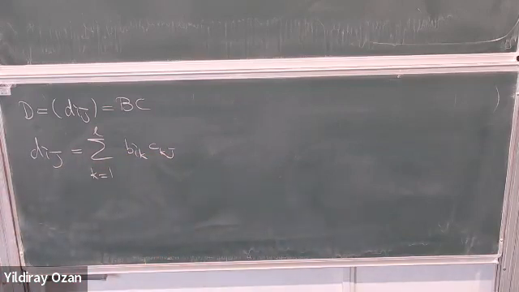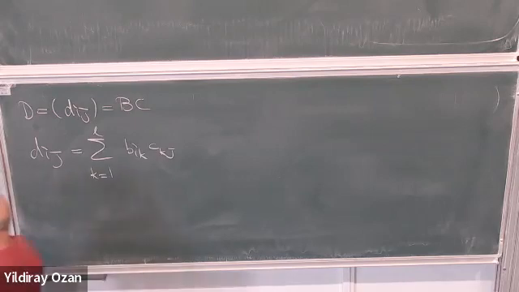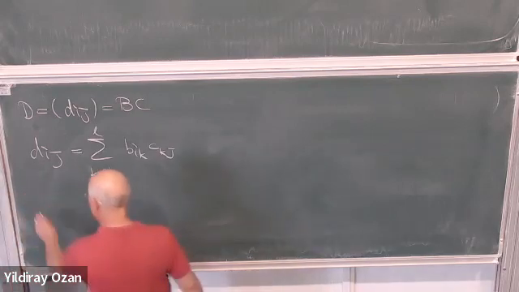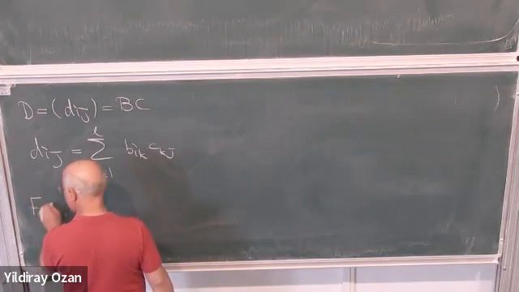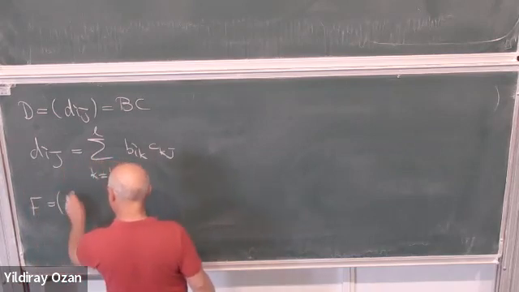Let's call this guy F and this one G. So F is this matrix and G is this matrix.